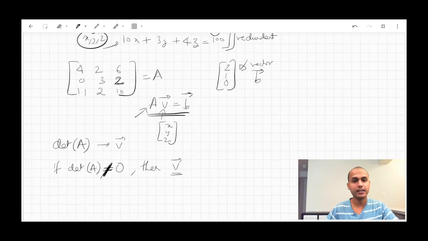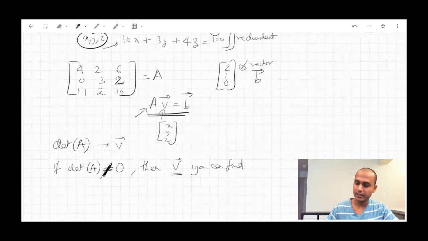That's the cool part: there is a v that you can find that satisfies this system of equations. Basically, there is an input vector which I can find that will give, by the action of A, the linear transformation, this known vector b that I have.